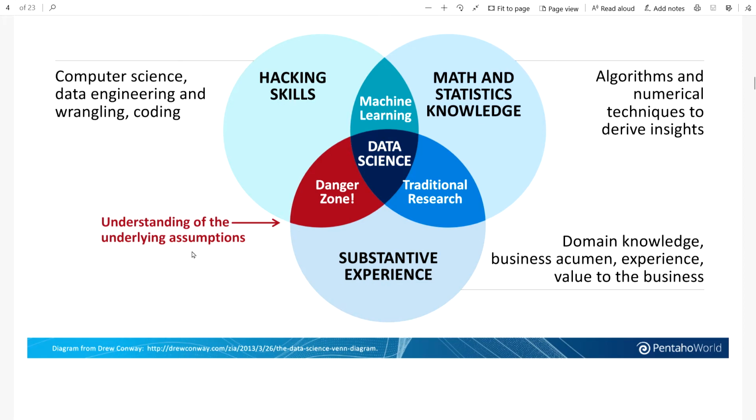It's an interdisciplinary field that requires some mathematical and statistical knowledge, having some basics about how the algorithms and numerical techniques are used to derive insights out of the data. And obviously there is a role of domain knowledge, which plays a vital role in the analysis of any project.